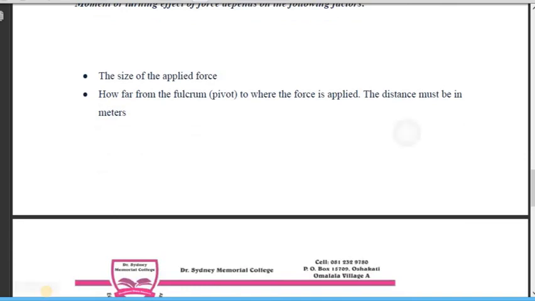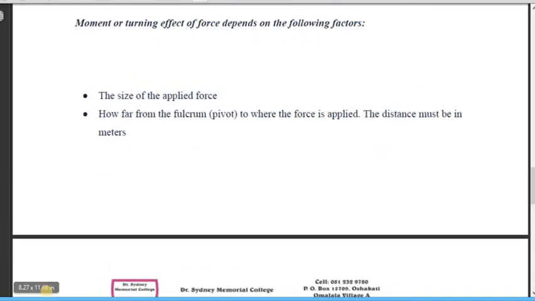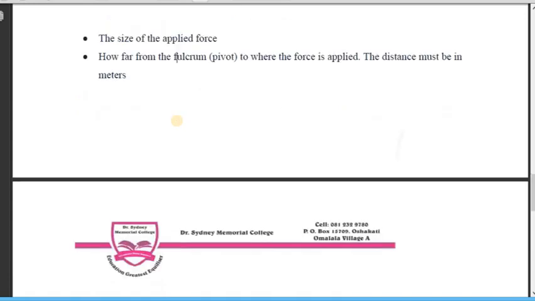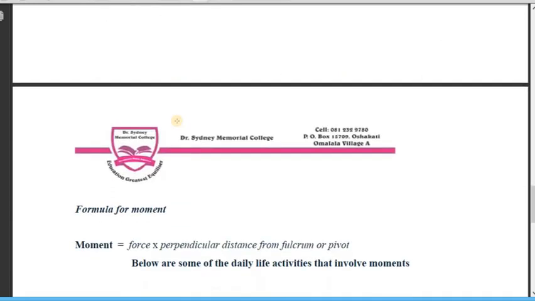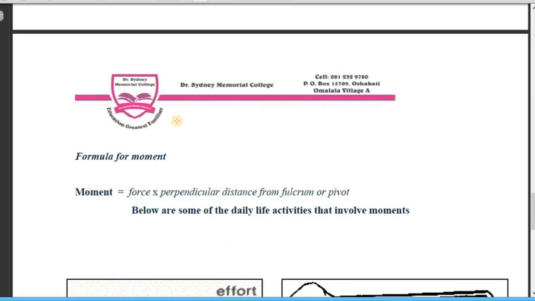So, the moment, or turning effect, depends on the size of the applied force and how far from the fulcrum or the pivot the force is applied, right? Distance must be in meters. The distance must always be in meters. When you're doing these calculations, observe that the size of the moment is in Newton meters, so your distance must be in meters.